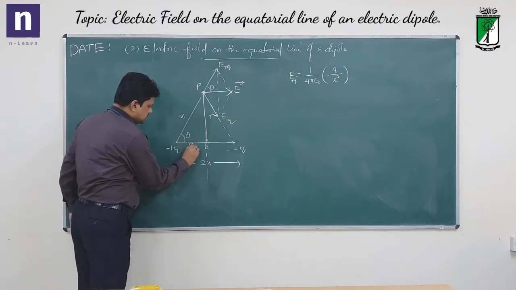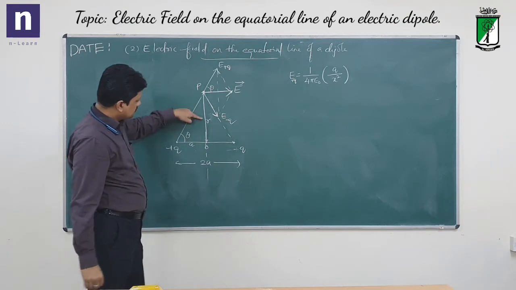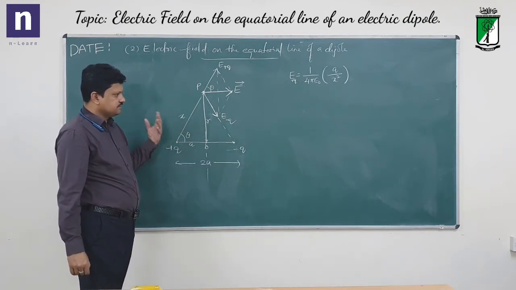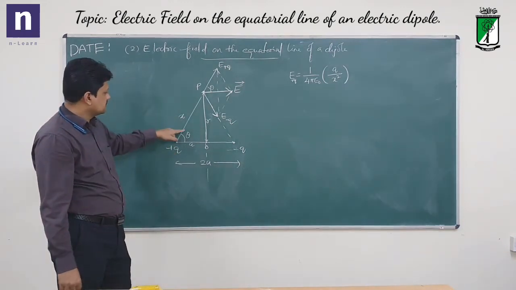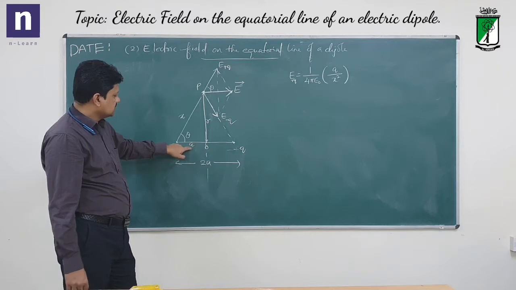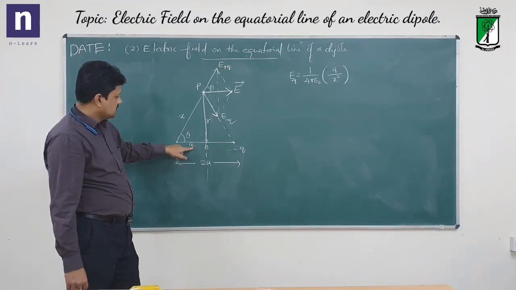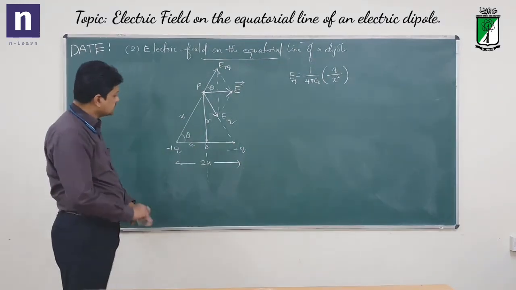So this is a, and this distance is r. So you take cos of theta. What is cos theta? It is adjacent by hypotenuse, that is a divided by x.